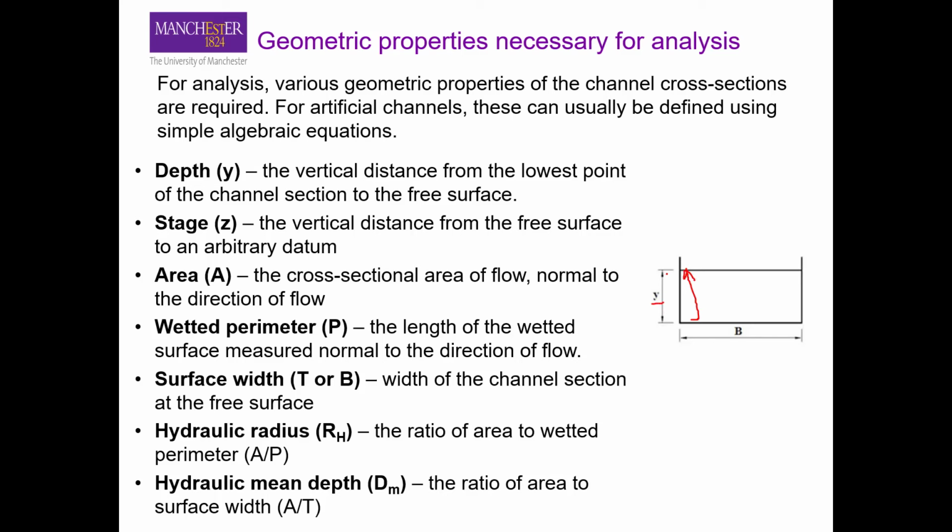So the vertical distance between the bed and the surface of your channel is what we call flow depth. Then you have the stage z, that is the vertical distance from the free surface to an arbitrary datum. For example, if you define a datum here and take this distance, that will be z. So that is just an arbitrary distance from the surface of your fluid to an arbitrary datum.